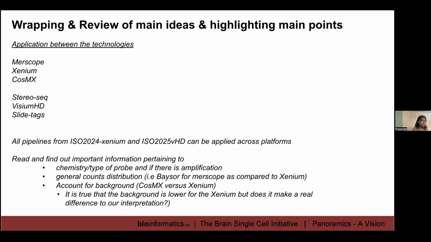When you read all these methods papers where they benchmark and then criticize package A or package B, it might not be the package. It might just be that the parameter fine-tuning isn't up to what it should be, or it could just be that the package is suitable for some technologies and not others.